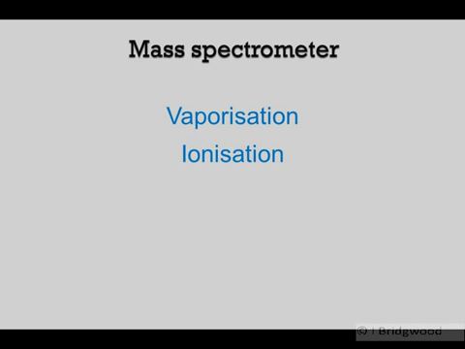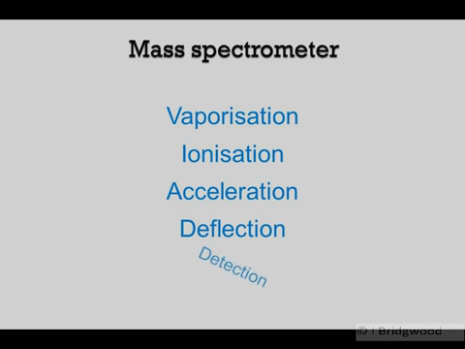Second step, ionization. Ionization involves knocking an electron out of an atom and enables us to actually manipulate our particles. We're going to accelerate our particles along an evacuated tube and then deflect them and detect them. Let's have a look at these in a little bit more detail.